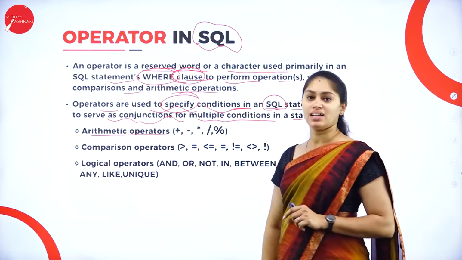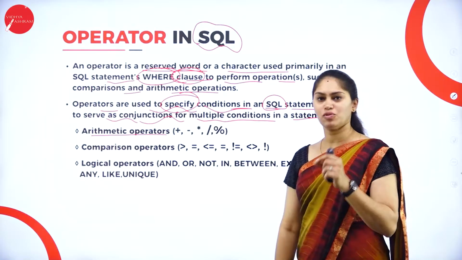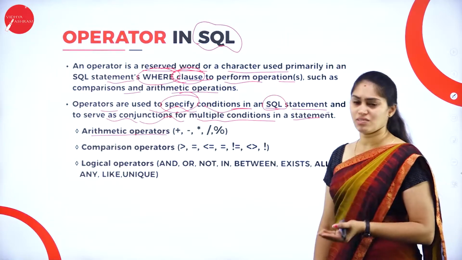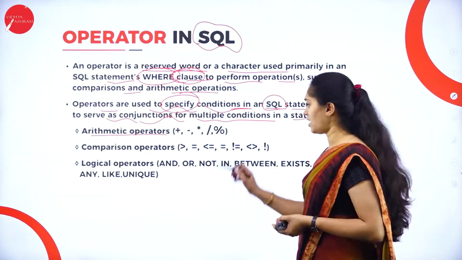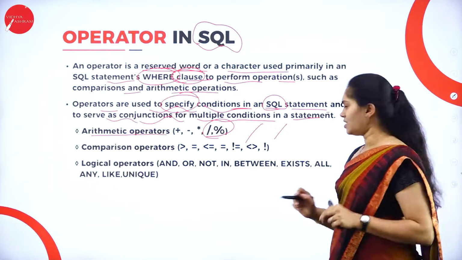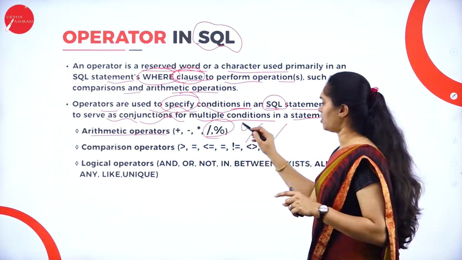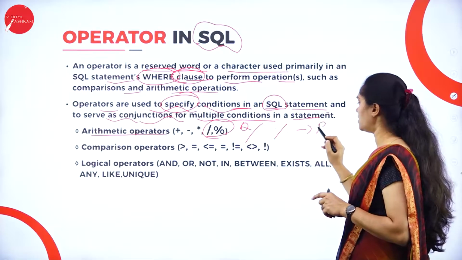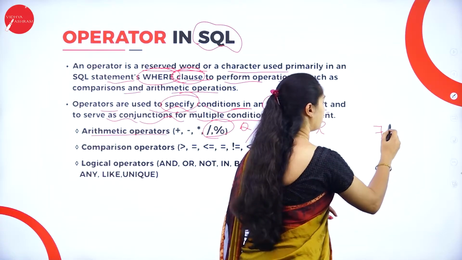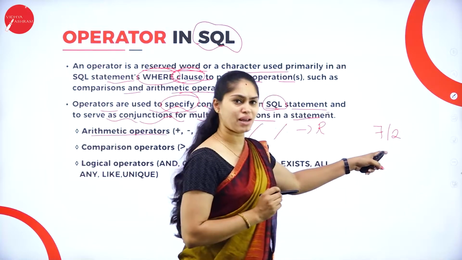That includes arithmetic operators, mainly to perform arithmetic operations like addition, subtraction, multiplication, division, and even modulus. You must understand the difference between slash and modulus. The slash returns the quotient value and the modulus returns the remainder value. For example, if I want to divide 7 by 2, which symbol am I using?